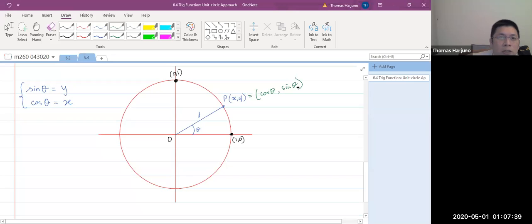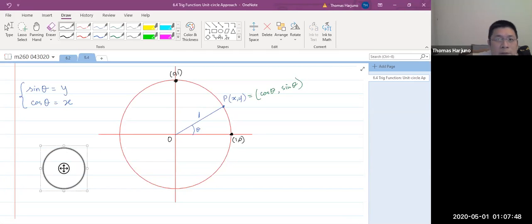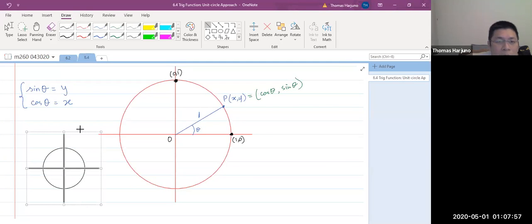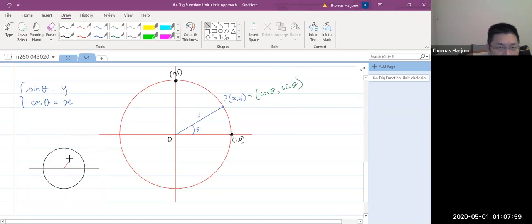Okay. Now, let me try to do a little illustration of how we will use this. Suppose I have a unit circle. Let me draw it small enough here. Okay, and then I have angle 30 degrees, or make it 60 degrees. Why not?